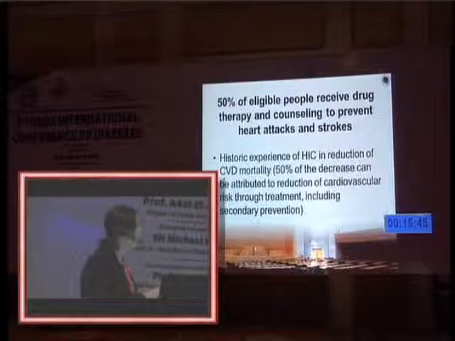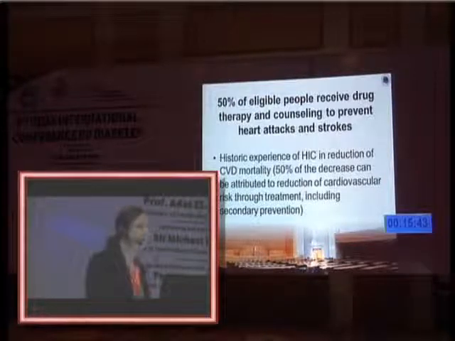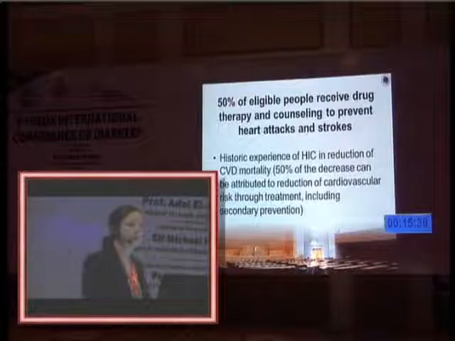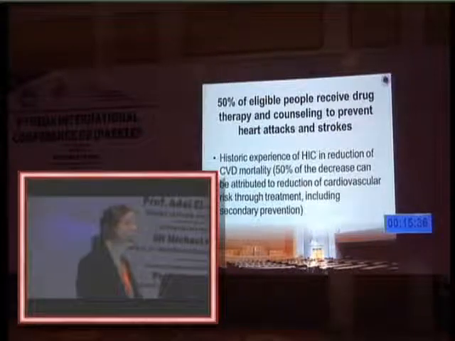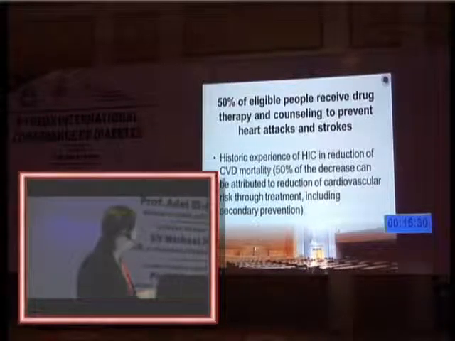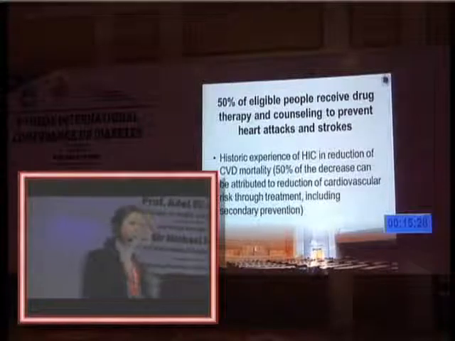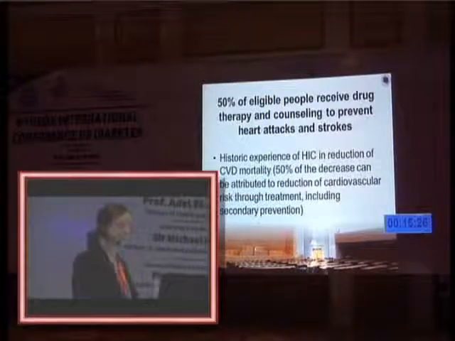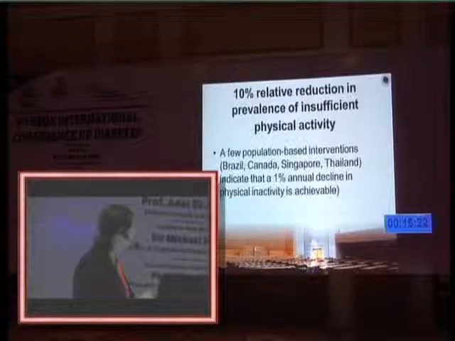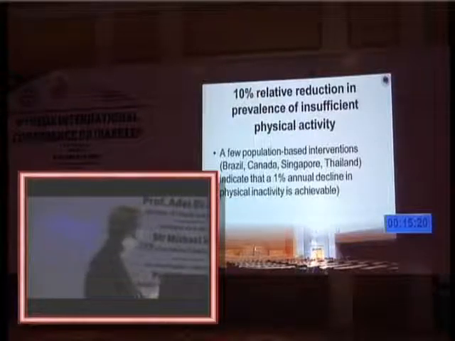People who are at high risk of a heart attack or stroke typically do not receive prevention, lifestyle intervention, nor pharmacological treatment in many developing countries. It is possible to reduce the risk of premature cardiovascular disease, and so this is one of the targets that we're aspiring to.